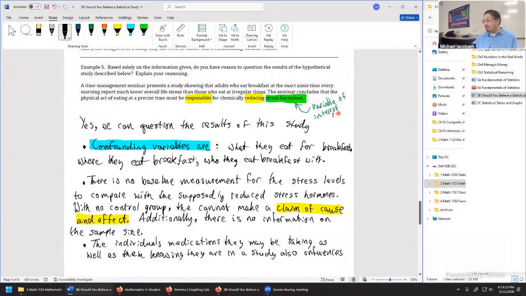So we're thinking along the lines of additional confounding variables. This also influences stress hormones.